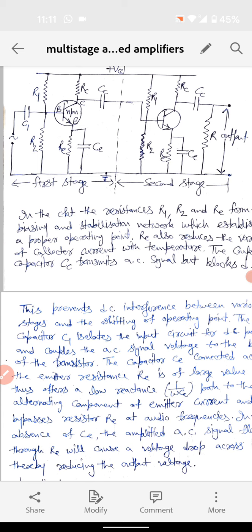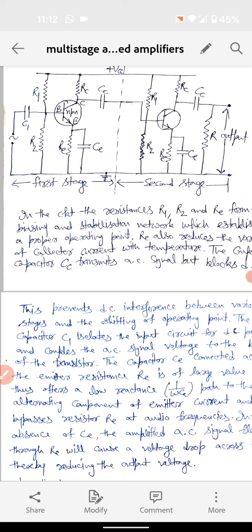Then the capacitor CE connected across the emitter resistance is generally of large value. Because it has a large value, it offers a low reactance. That means it will work as a short circuit path for the emitter current, and thus the emitter current bypasses this emitter resistance.